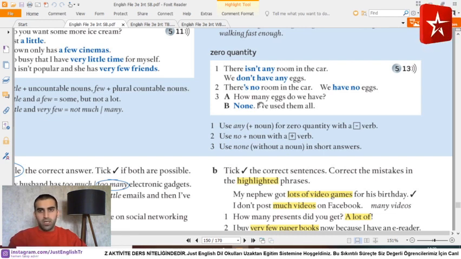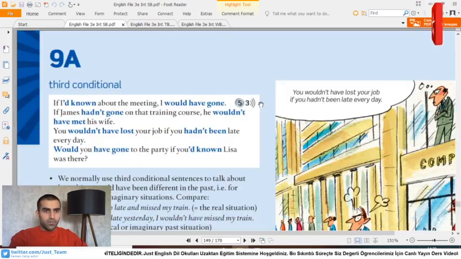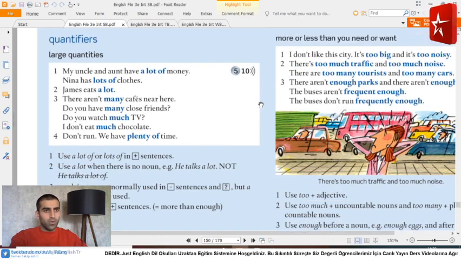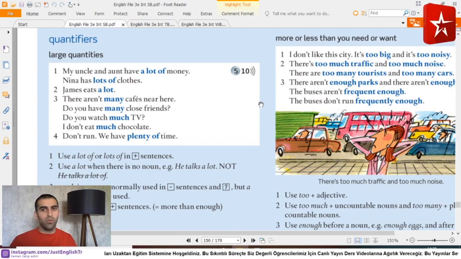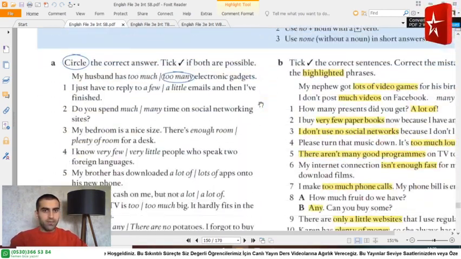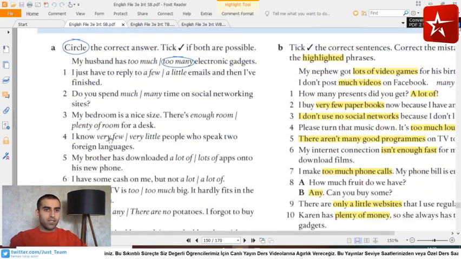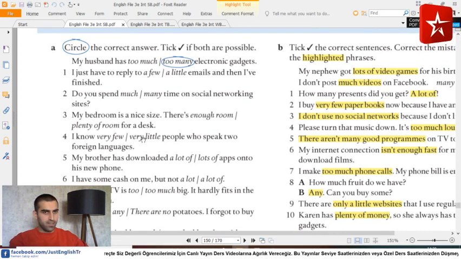Alright, we have already talked about large quantities and small quantities. We have talked about too big, too much, too many, enough, and zero quantity. So it's time to do this exercise, part A, in order to practice.